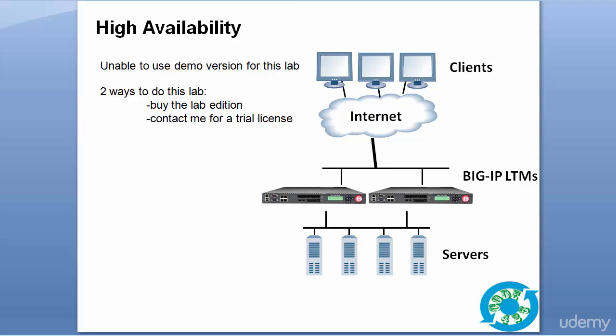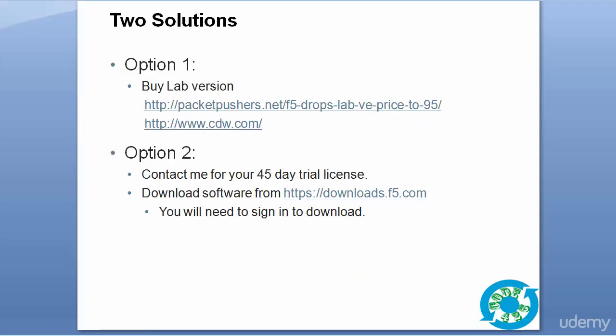The second option is, if you're not ready to make the commitment to F5 yet, then you can email me through Udemy, and I will email you 2 45-day trial licenses for use in this lab and the upcoming labs. If you choose option 1, go to the website and read more about it at packetpushers.net.